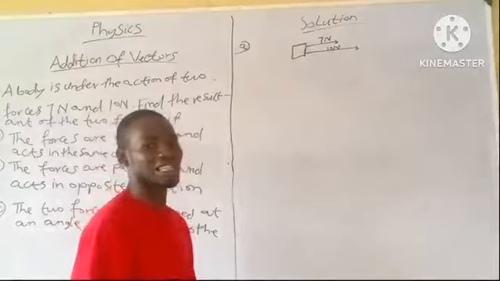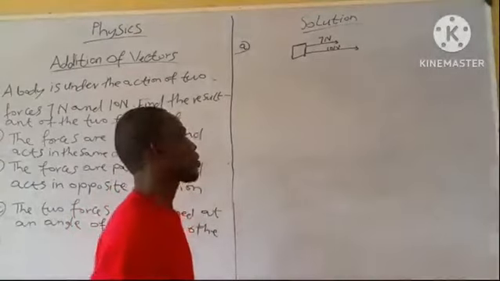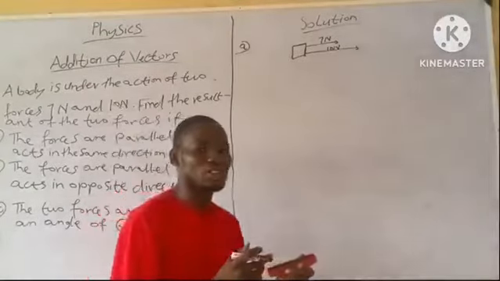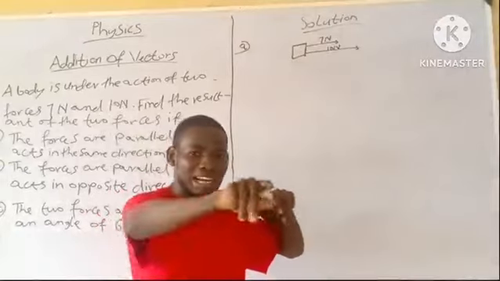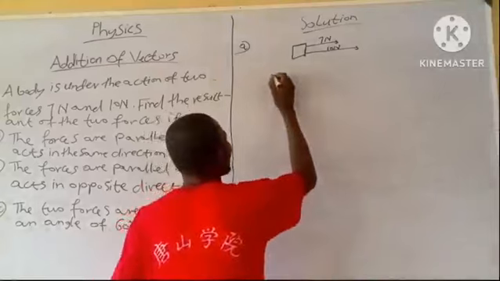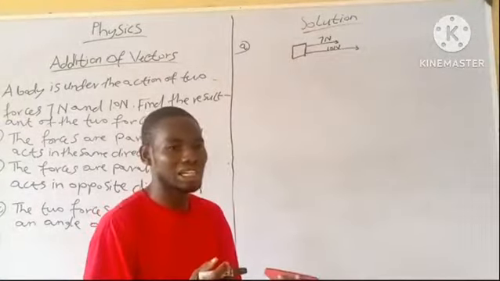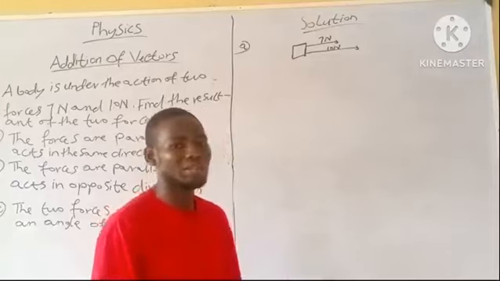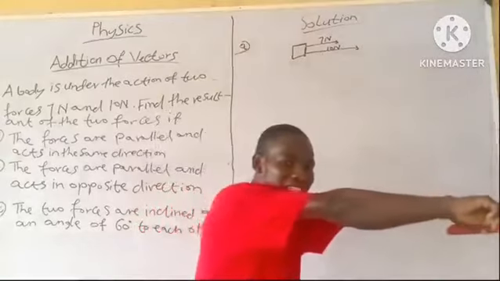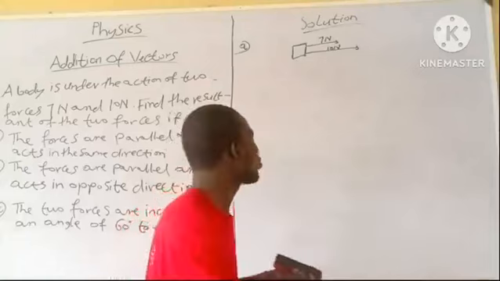Remember in our last class when I was giving the concept of addition of vectors, I told us that if two vectors are acting in a straight line, they are parallel, they are not inclined at any angle, you use simple arithmetic method to get the resultant, either by adding or subtracting. And if two vectors are acting in the same direction, you add the two vectors.